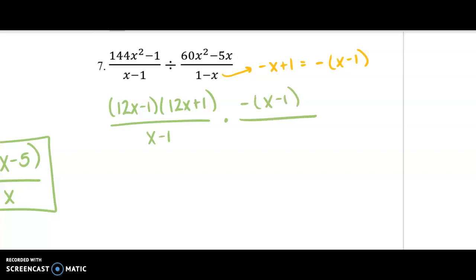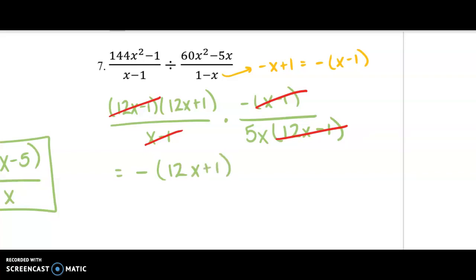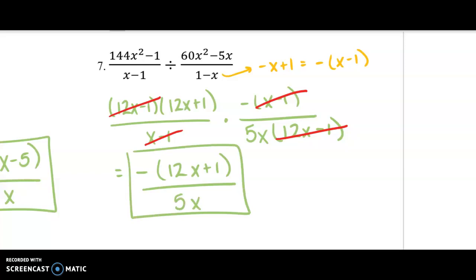Get rid of that negative out front, and then I can factor out a 5x, and I would be left with 12x minus 1. So 12x minus 1 will cancel, x minus 1 would cancel, and I would be left with, don't forget that negative out front, 12x plus 1 over 5x. That would be our answer.